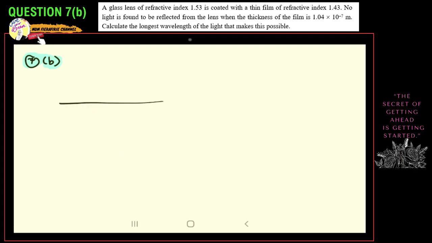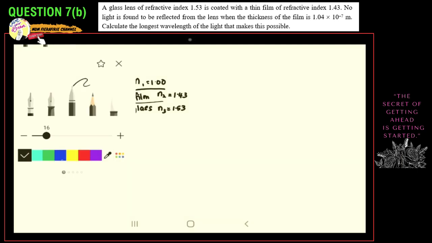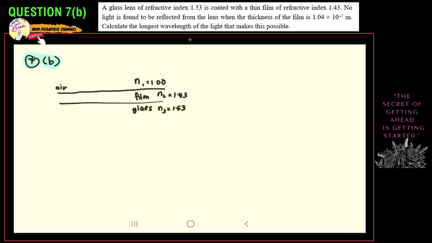So here we have the glass, where n is equal to 1.53. So we have the thin film, for example, here. So this is the film where n2 is 1.43 and this is air 1.00. Okay, so first of all, look at the question.